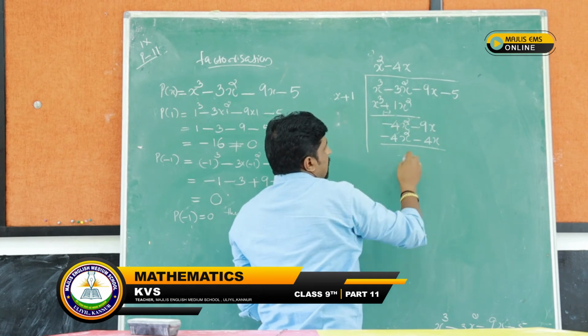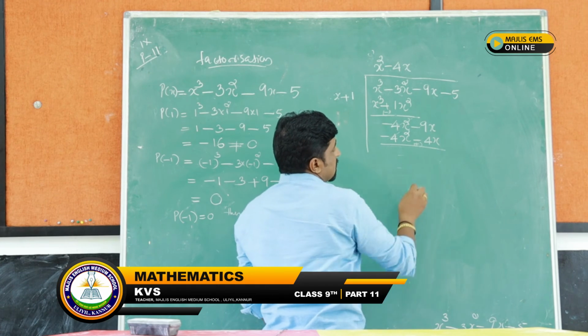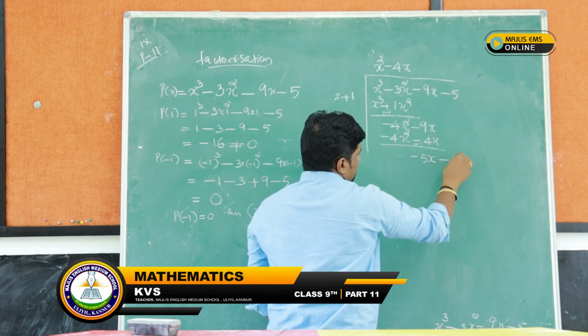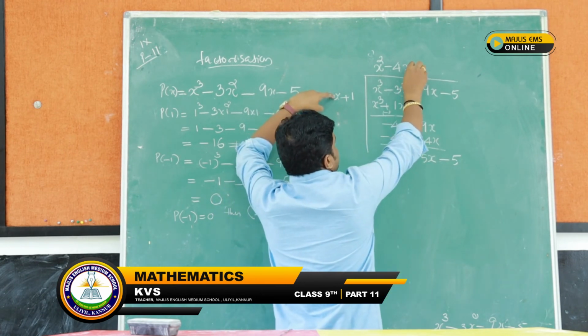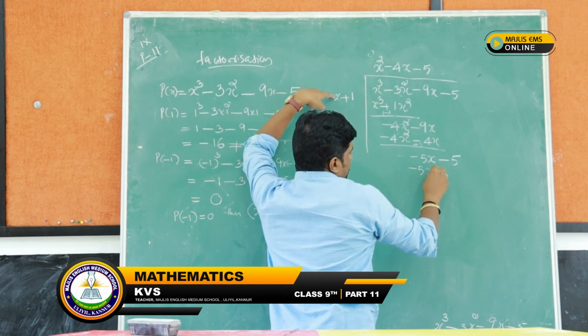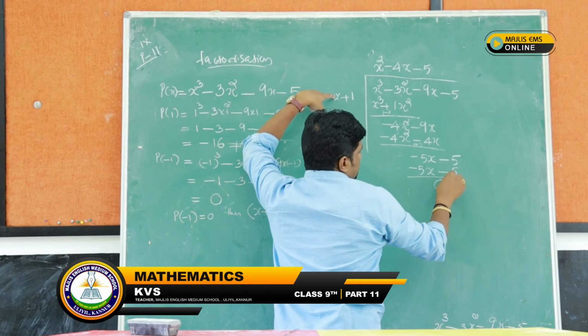This will cancel. Here it becomes plus: minus 9 and plus 4 becomes minus 5x. Remaining next term is minus 5. Minus 5x divided by x is minus 5. Minus 5 into x is minus 5x, minus 5 into 1 is minus 5. Same terms here, which means the remainder is 0.